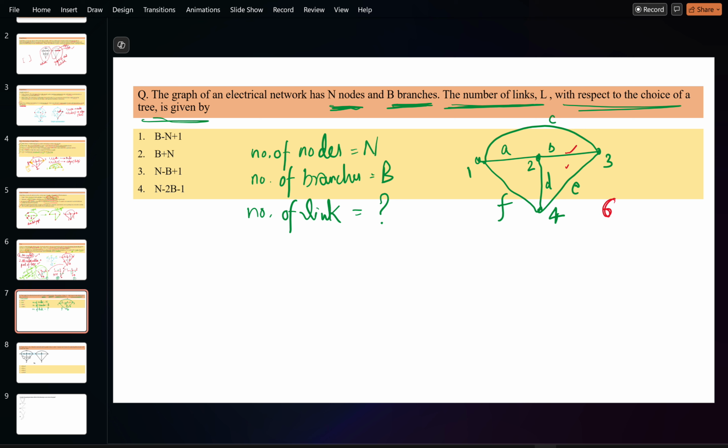But the links can be different in a tree. Here it is being asked with respect to the choice of a tree, because trees are subgraphs, a part of a graph. In that sense, you have to see what the number of links will be in that tree. That is different from the branches. Getting my point?